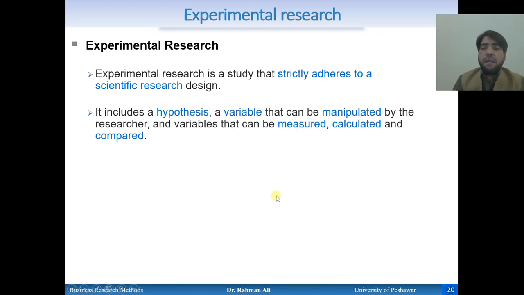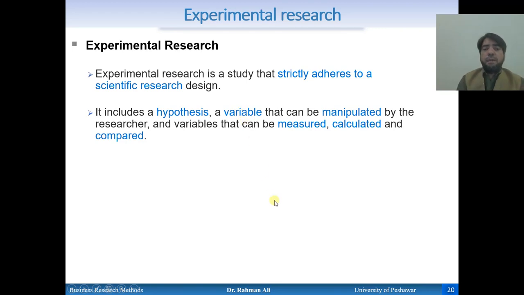Just for example, they are calculating pus cells in your blood. So this is a kind of computation. First you propose a hypothesis, meaning that this patient is suffering from malaria. Then you have to look into the values of some variables.